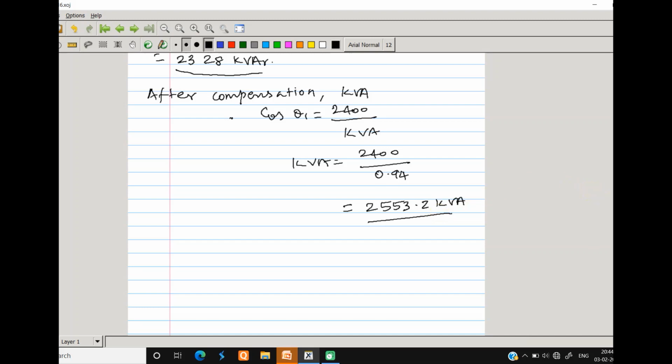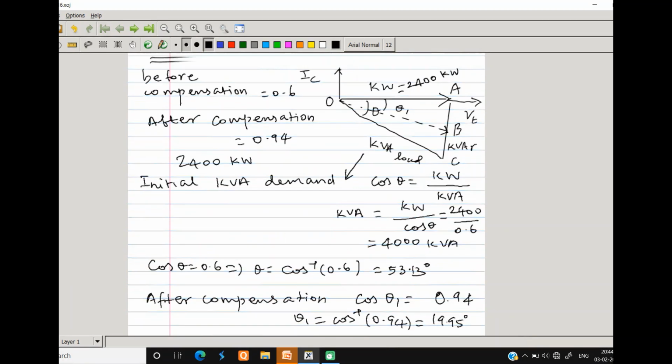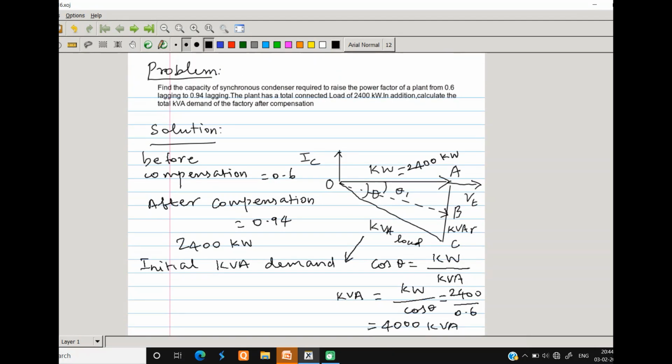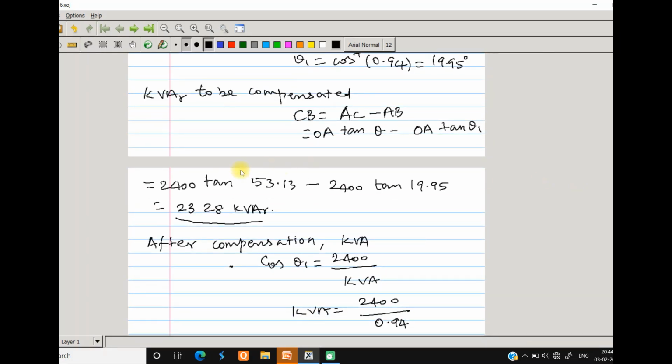So after compensation the kVA has been reduced, and the remaining power needed is supplied by the synchronous condenser we have connected, which has to supply the kVAR of 2328 kVAR.